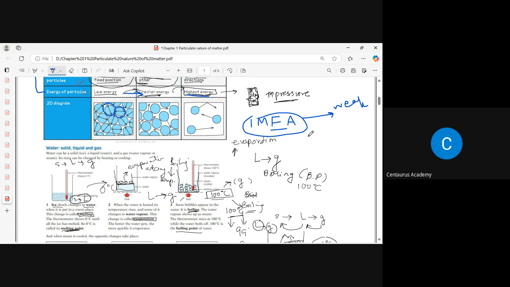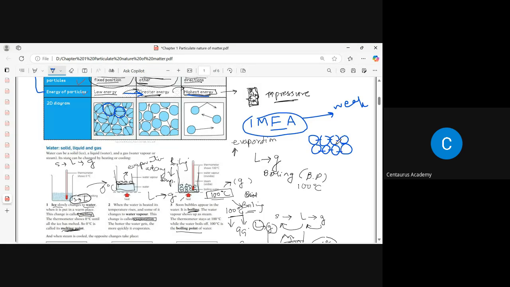Why? Because supposing this is a solid, solids are regularly arranged. They have strong intermolecular forces of attraction. Why? Because they are so compactly arranged. As a result, their intermolecular force of attraction is very, very strong, keeping them in a fixed shape.